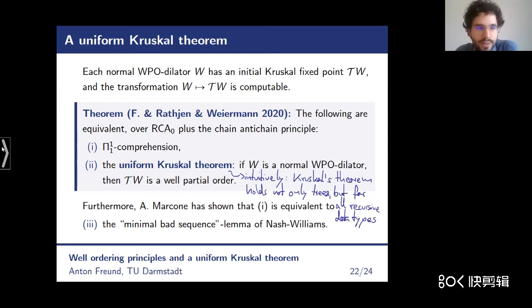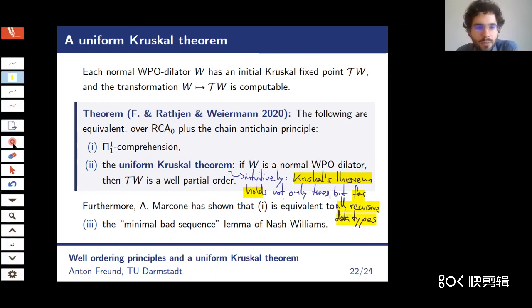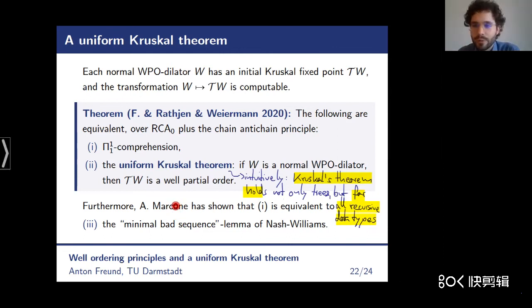And if you formulate it that way, so Kruskal's theorem holds for all recursive data types, then it certainly sounds much more intuitive than if you need to have all that machinery of WPO delators and what exactly these fixed points are in mind. So this formulation also indicates that this might be interesting from the perspective of theoretical computer science.